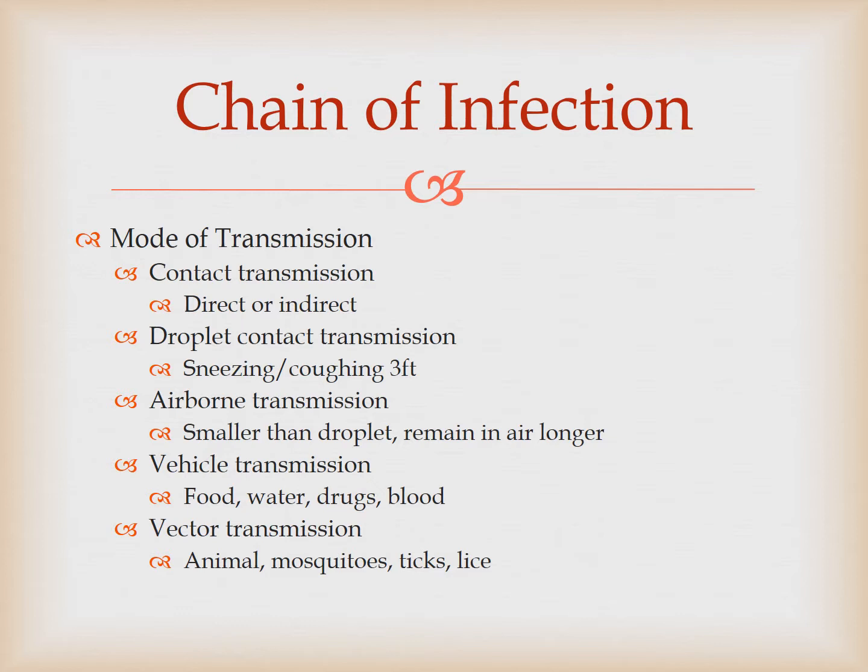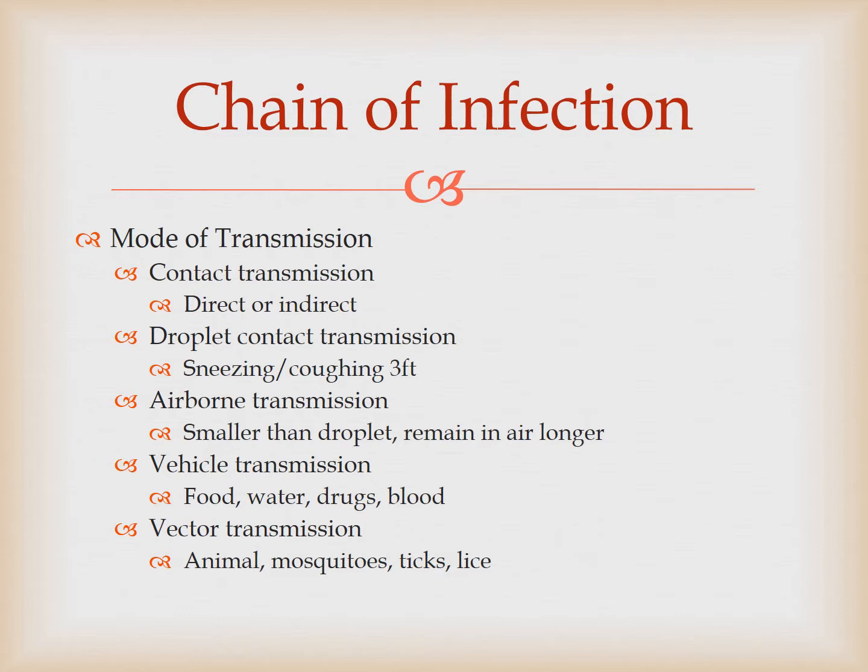And this can also be through coughing and sneezing, but also talking, singing, anything that would expel air out of the lungs. An example of airborne transmission is tuberculosis. So airborne droplets or droplet nuclei suspend in the air for a long period of time, up to 45 minutes.